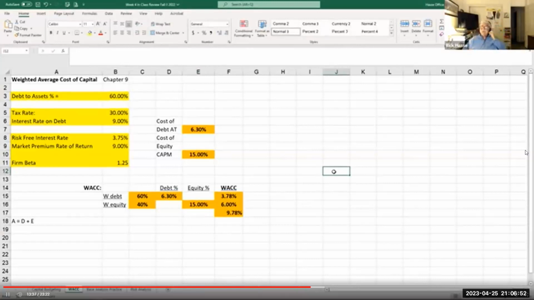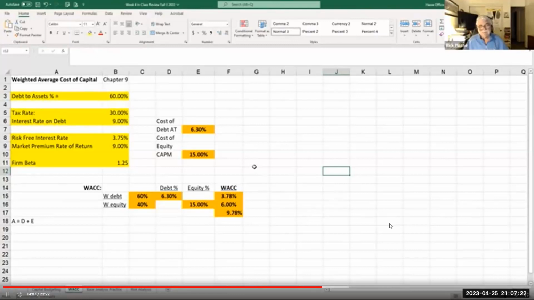At this point, due to our cost of debt, our capital structure percentages, our tax rate, the risk-free rate, the market premium, and the specific risk of the company in the market, the beta, we have a cost of money of 9.78%.